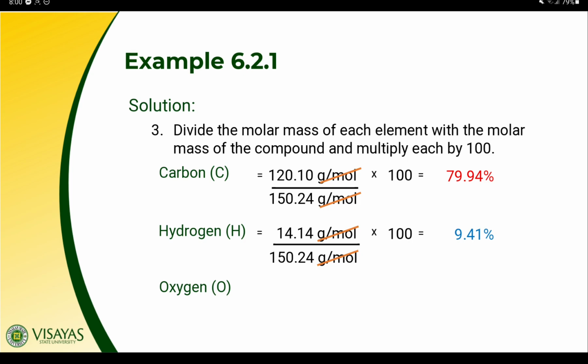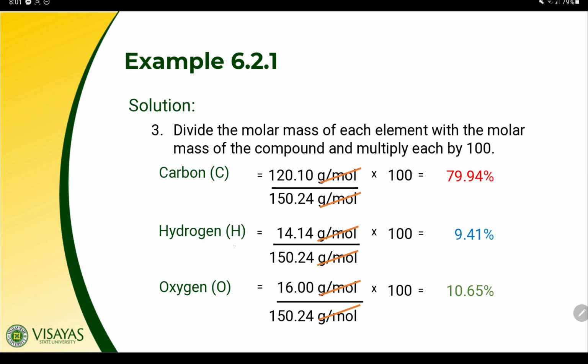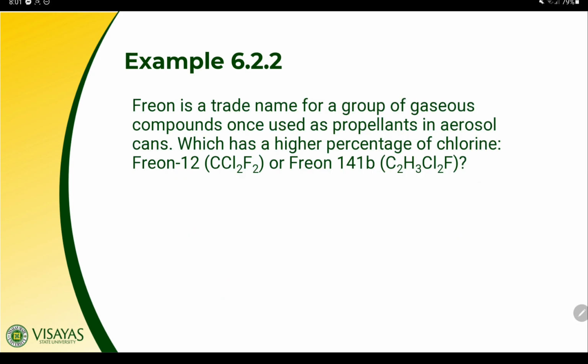For oxygen, we have 16 grams per mole divided by the molar mass of the compound, 150.24 grams per mole, times 100, we get 10.65% oxygen. So these are now the percent composition, or the percent carbon, percent hydrogen, and percent oxygen in the compound.